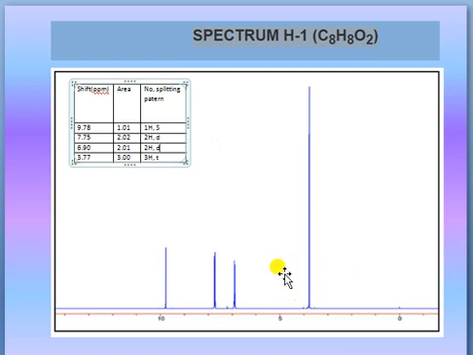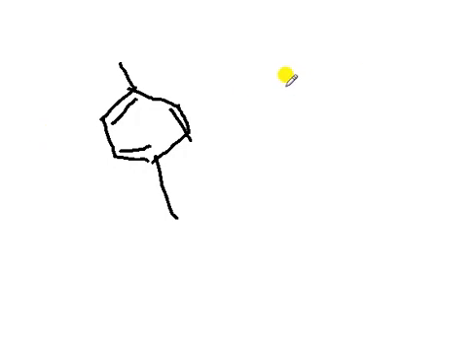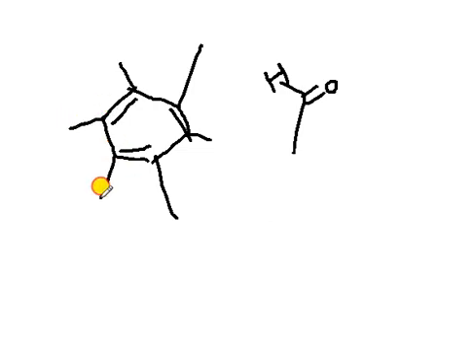So for the aldehyde, one oxygen is gone. We know we have the aldehyde here, one aldehyde proton. So we have this hydrogen, this hydrogen, this hydrogen, and this hydrogen. Definitely two different types of substituents are there, as the values are very different.